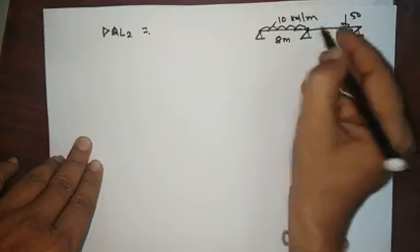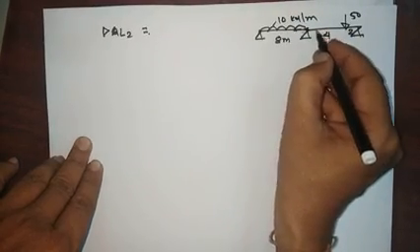So this is our hinge and we want the slope here and here, in both spans.